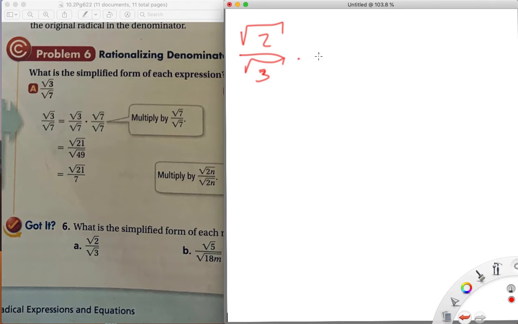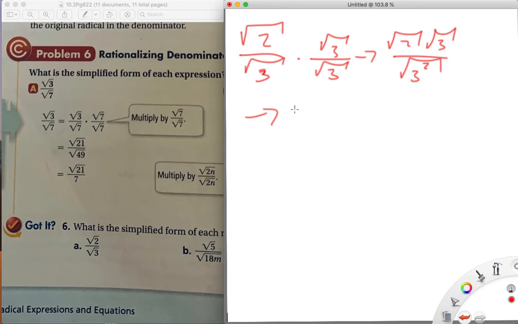So here, multiply top and bottom by the square root of 3 times the square root of 3, and that gives me the square root of 2 times the square root of 3 over the square root of 3 squared, which gives me the square root of 6 over 3. 6 doesn't have any perfect squares, so I'm done. And I took the radical sign out of the denominator, which is the whole point.